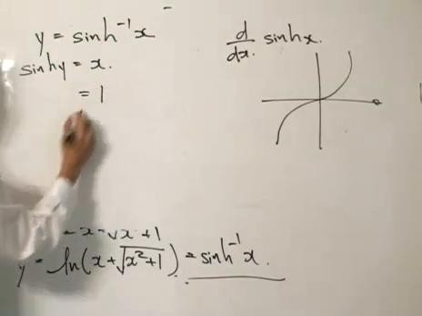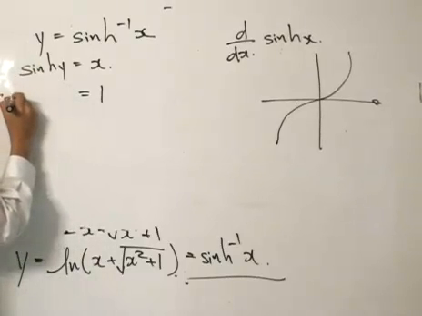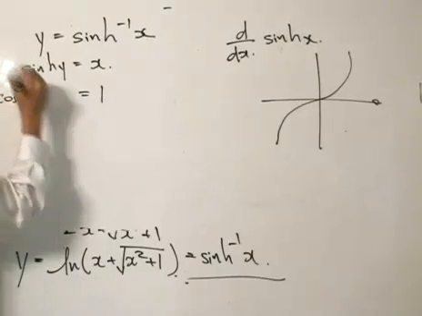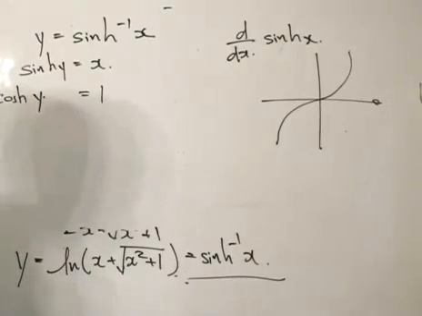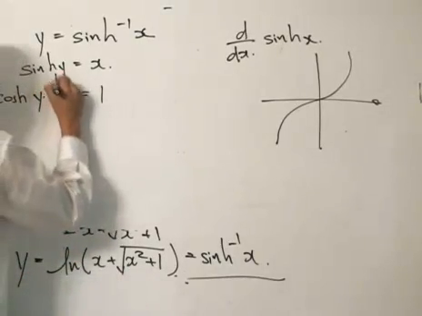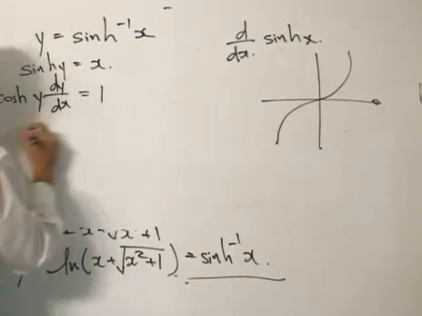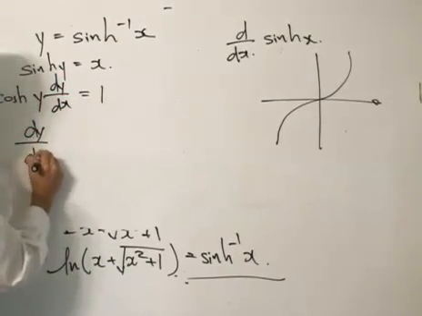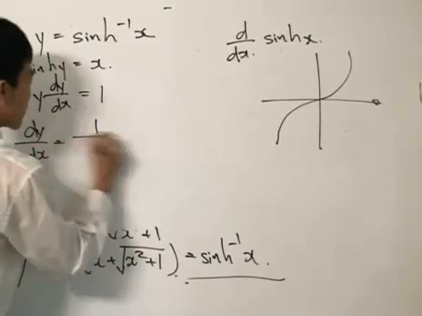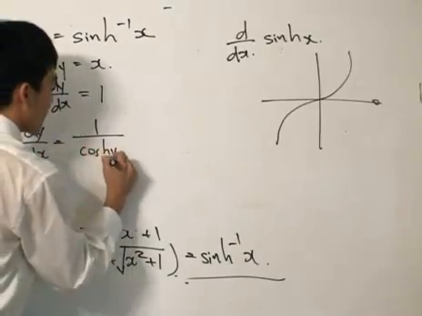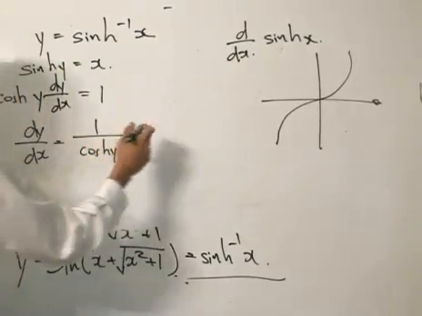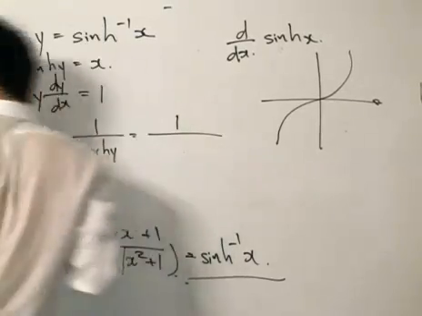This one is a 1 over here. This one will be cosh y. Now I need to differentiate the inside with respect to x, right? But what is differentiating y with respect to x? It is simply dy/dx. Then I bring the cosh y over to the other side, and now I can write 1 over cosh y.